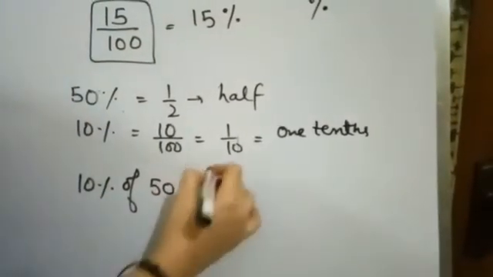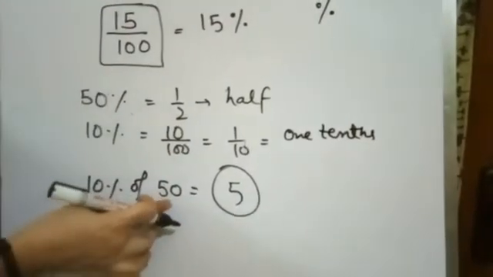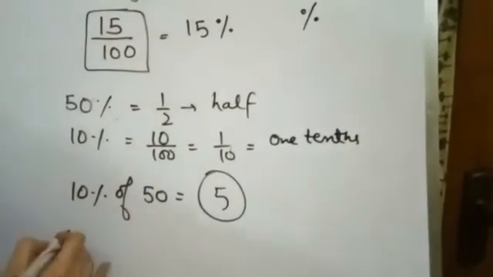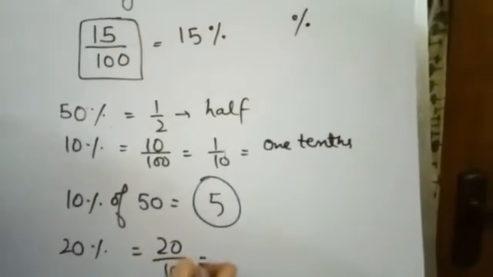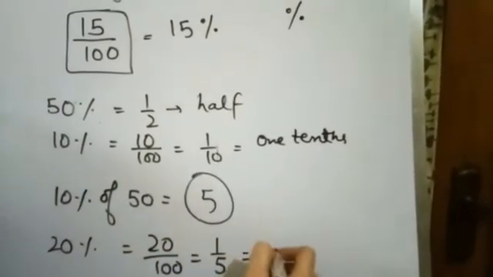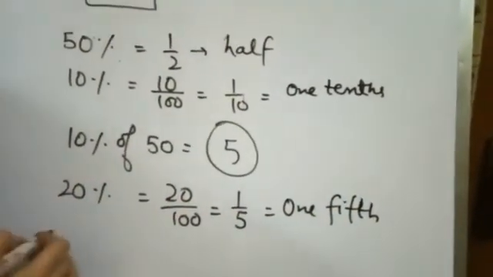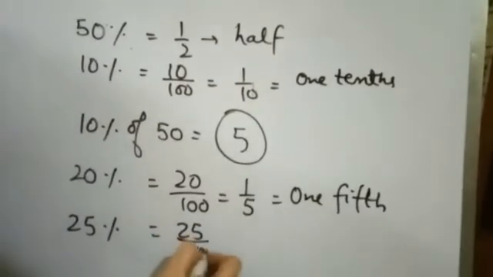What will I get? 5. 50% of 50, I am going to divide it by 2. 50 divided by 2 is 25. Similarly 20%, 20 by 100, that is 1/5. 1/5 of the number will give you 20%. 25%, 25 by 100, that is 1/4.